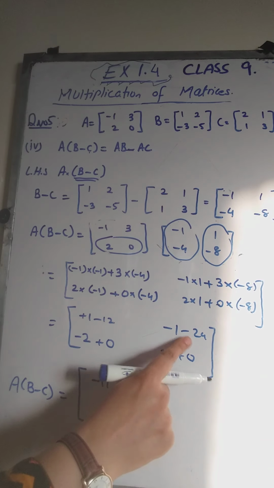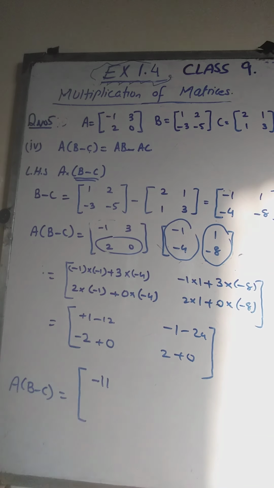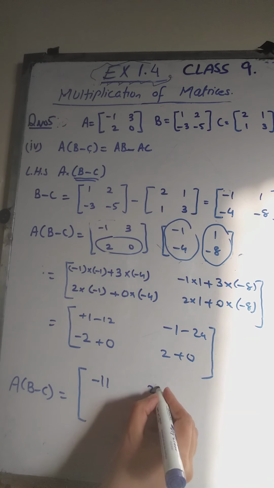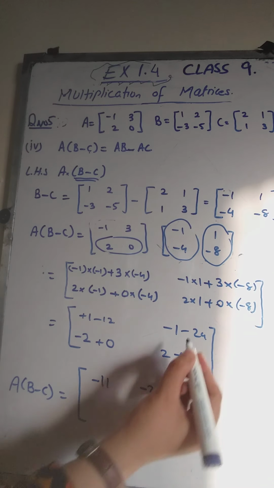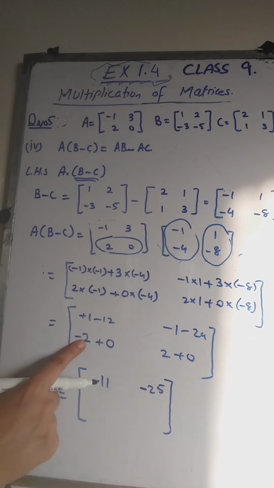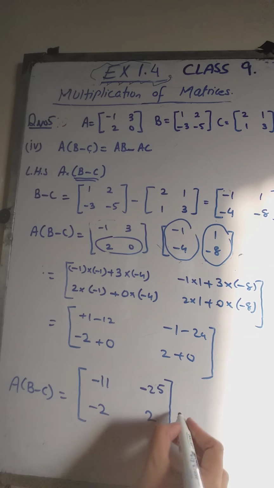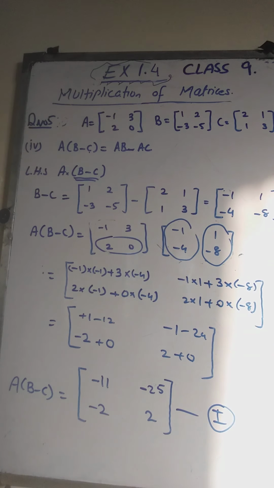Here we are going to do addition because we have same signs. 24 plus 1 will be 25, but we are going to put a negative sign because the greater number carries the negative sign. Negative 2 plus 0 is negative 2, and 2 plus 0 is 2. So this is the left hand side.